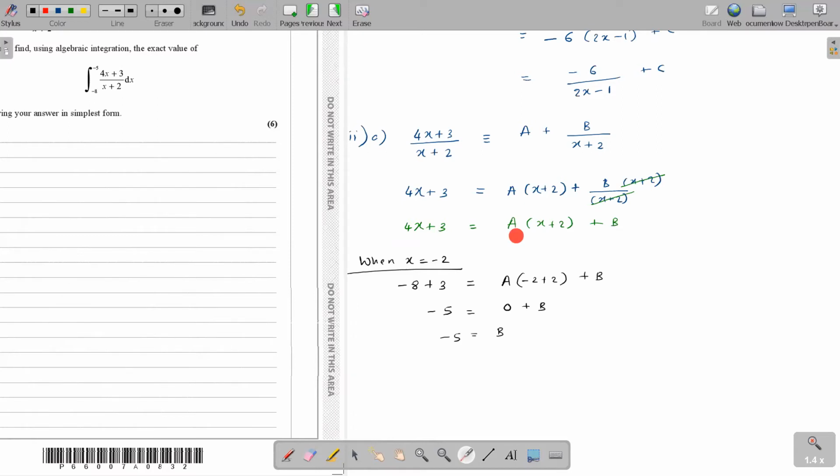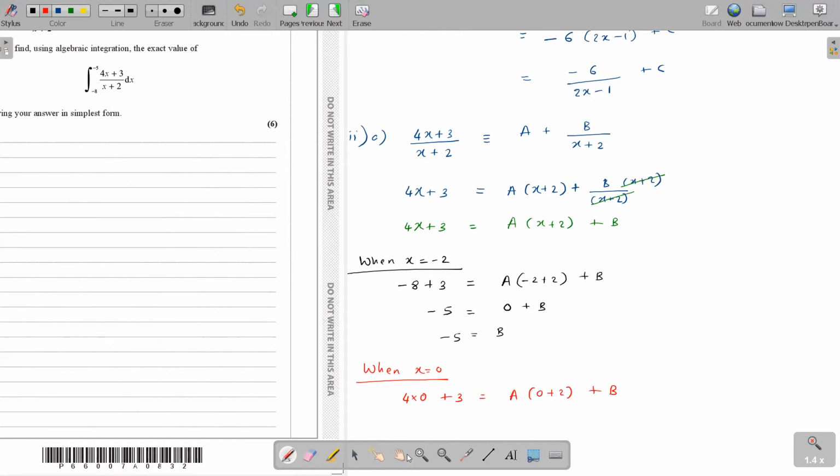To find the value of a, you can use any x value you want. It does not change the answer. I think I'll just go with x equals 0. Because we already have the b value, we only have one more unknown. So 4 into 0 plus 3 equals a into 0 plus 2, plus b.